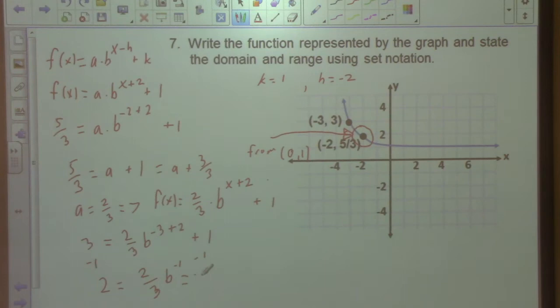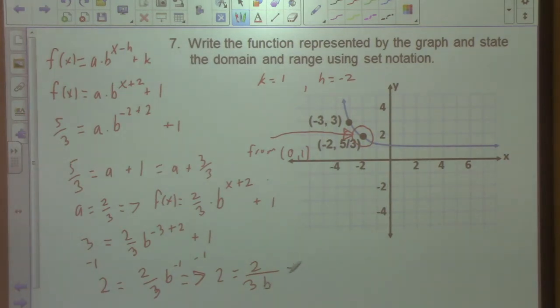I'm just going to come to the right here. So we can rewrite this as 2 equals 2 over 3b. Why do we put 3b? Why do we put b down here? Yeah, b to the -1. So b to the -1 in the numerator becomes b to the 1 in that denominator.